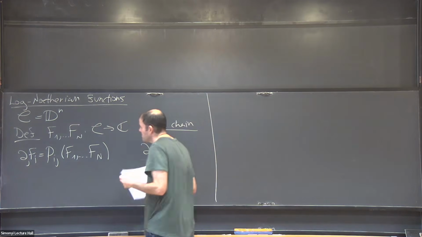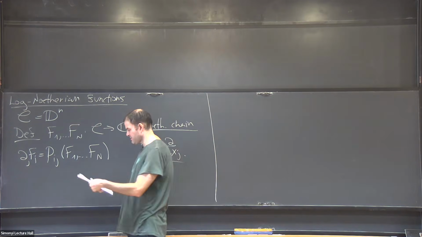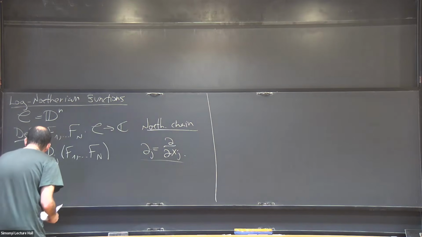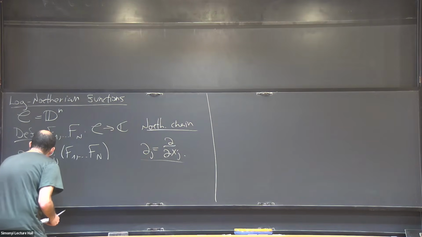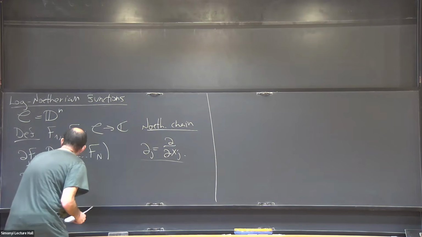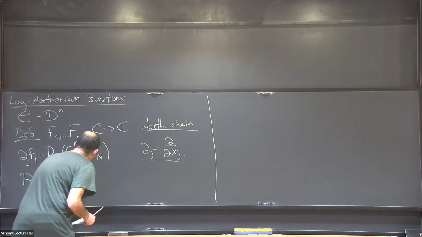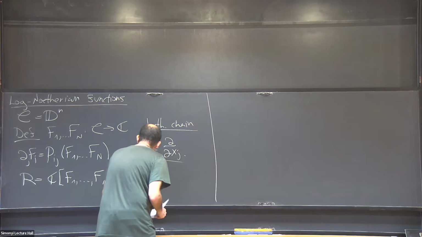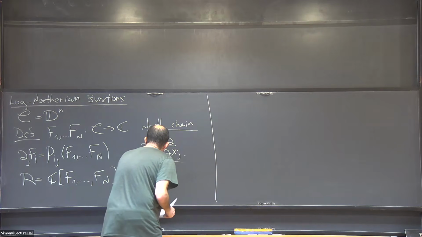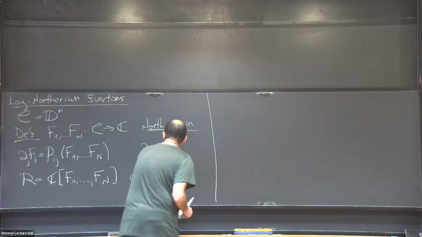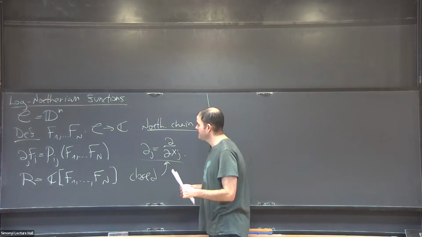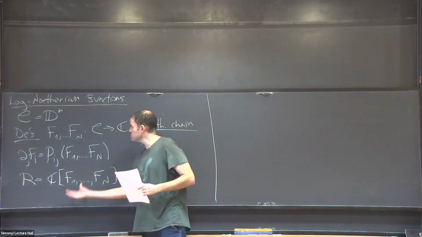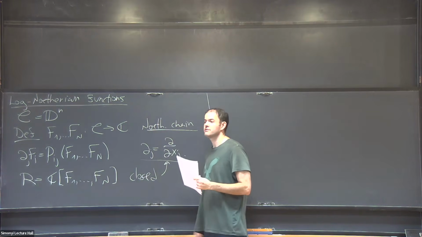That's just a way of saying that if we look at the ring R, which is C adjoined with these functions, then it is closed under these derivatives. So it's a finitely generated ring which is closed under all the partial derivatives.